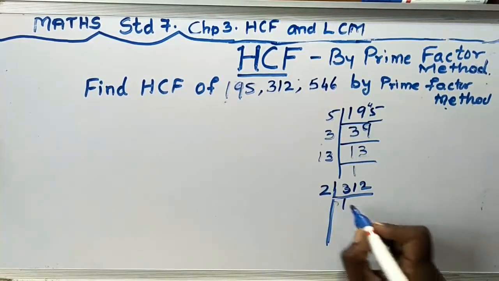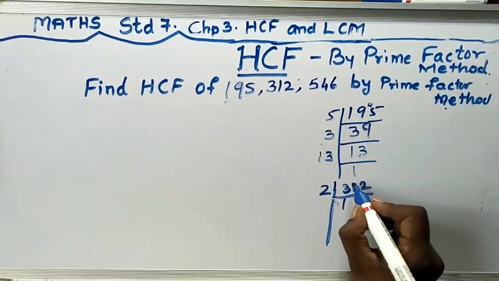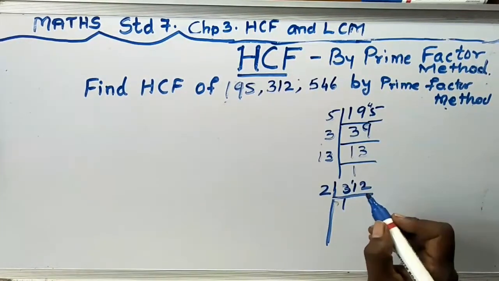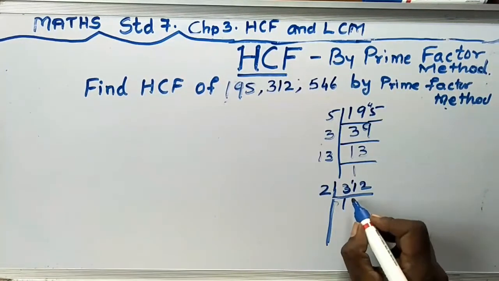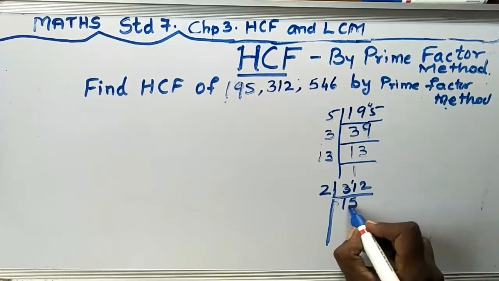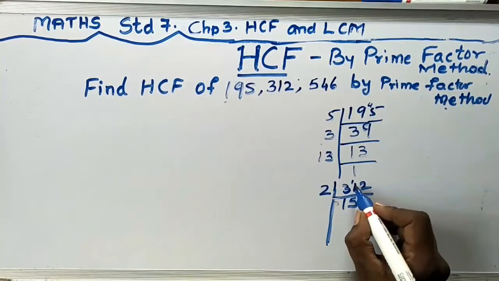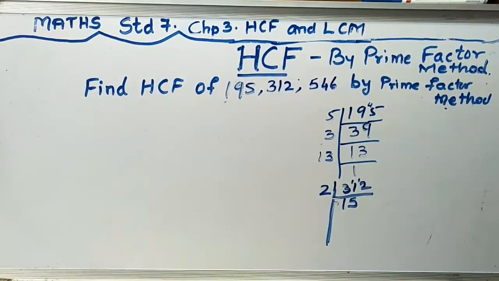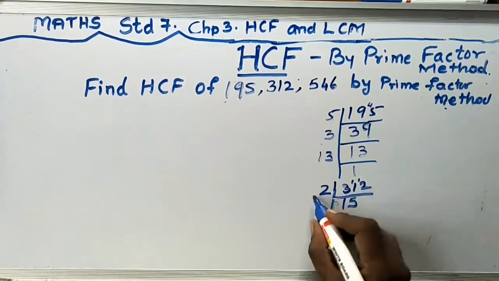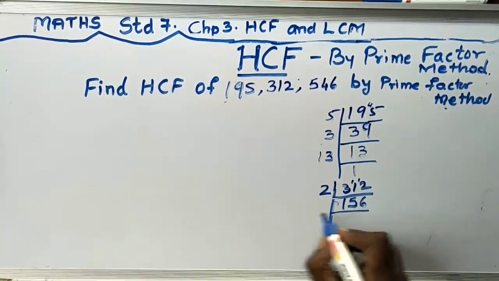So I took 2 ones are 2. 1 balance, carry over here. It becomes 11. So 11 doesn't go in 2 table. So we have taken 10. 5 2s are 10. So 11 minus 10, 1. 1 carry over here. It becomes 12. So 12 goes in 2 table 6 times.